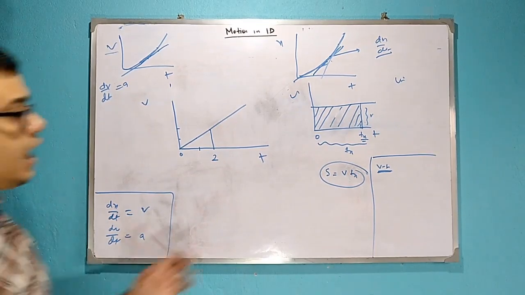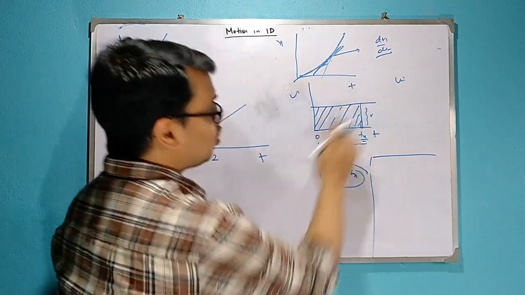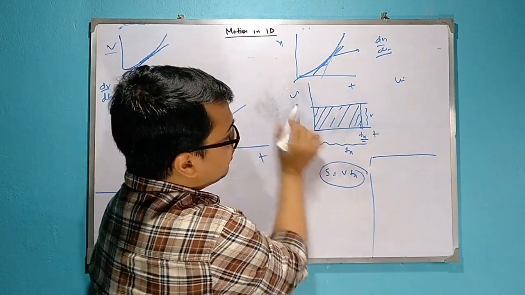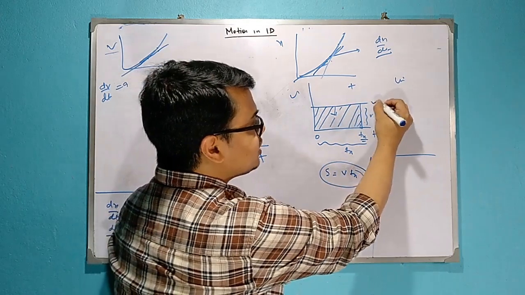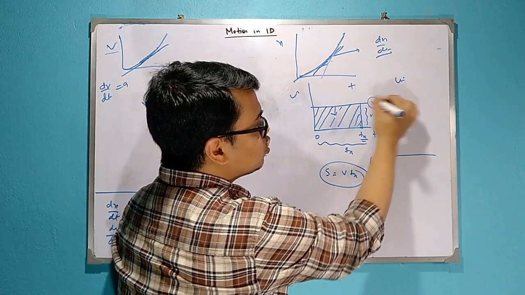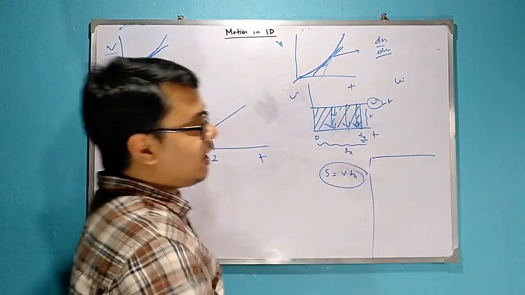Now here you have the area. So what is this? The area under the vt graph. So this is the vt graph, and under this, this is the area covered.